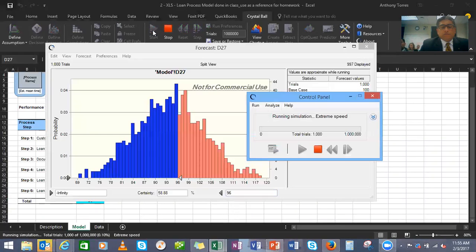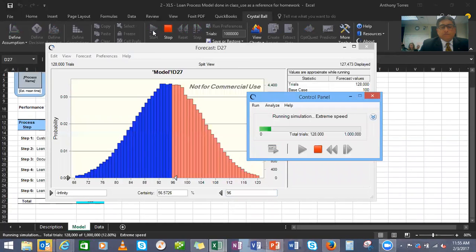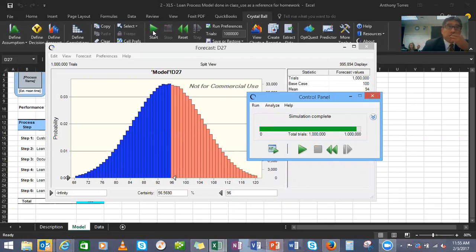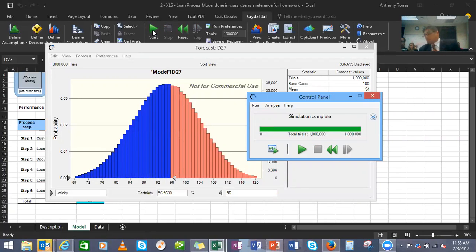Typically 500,000 is plenty for almost any model I've ever seen. And it's not that onerous to your computer. On the worst computer, it just means you watch it for a minute as it runs. And I don't want to add anything else. If you walk away with that, that's what I want you to have for this class.